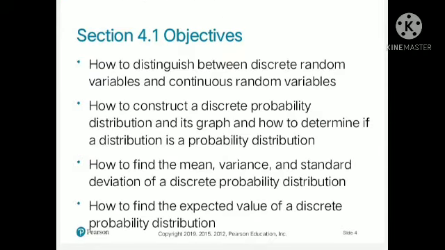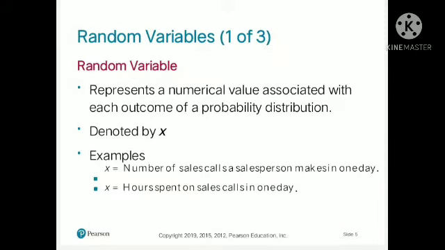The students shall know how to distinguish between discrete random variables and continuous random variables, how to construct a discrete probability distribution and its graph, how to determine if a distribution is a probability distribution, how to find the mean, variance, and standard deviation of a discrete probability distribution, and how to find the expected value of a discrete probability distribution. To begin, let's define first random variable.